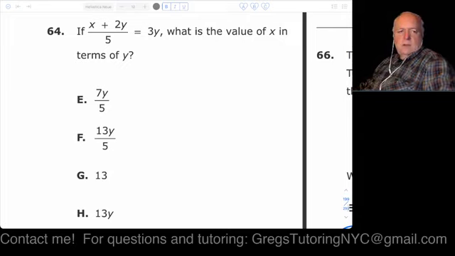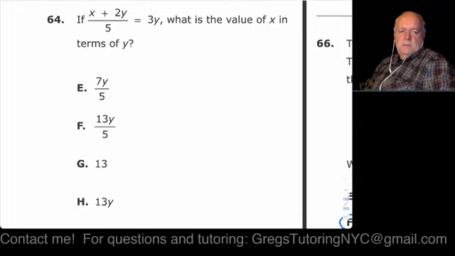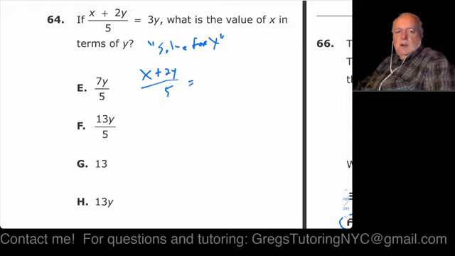That's all that language means, so that we have basically x equals something. All right, so if you have x plus 2y over 5 equals 3y, our goal is going to be to get this x by itself.